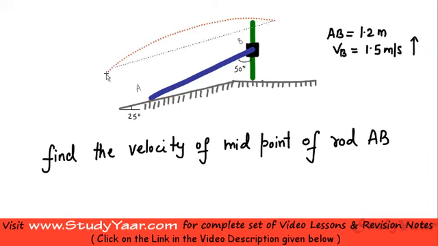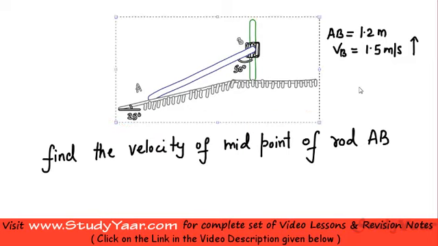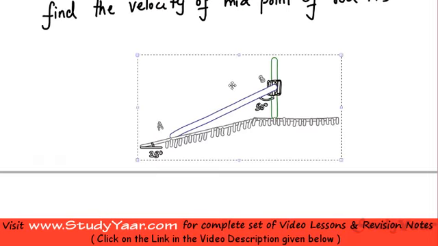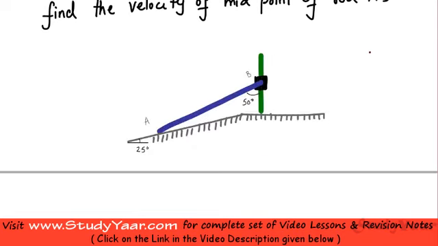I'll just copy this figure over here and we'll treat it over here and find out the instantaneous center of zero velocity. This is your direction for VA, this is your direction for VB. How are you going to find the instantaneous center of zero velocity?